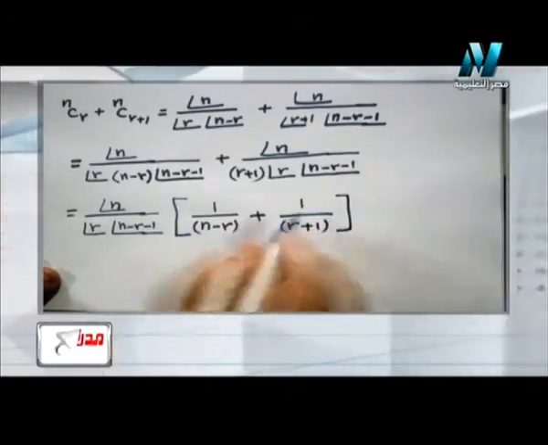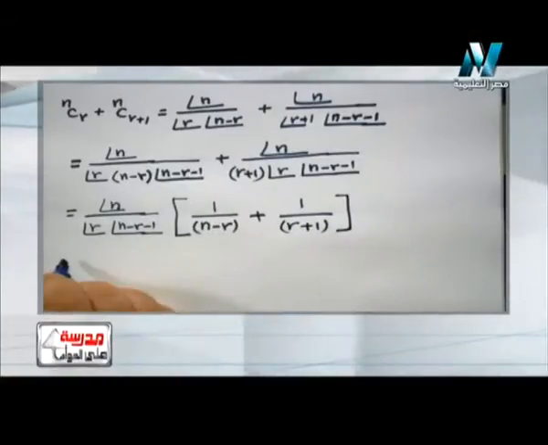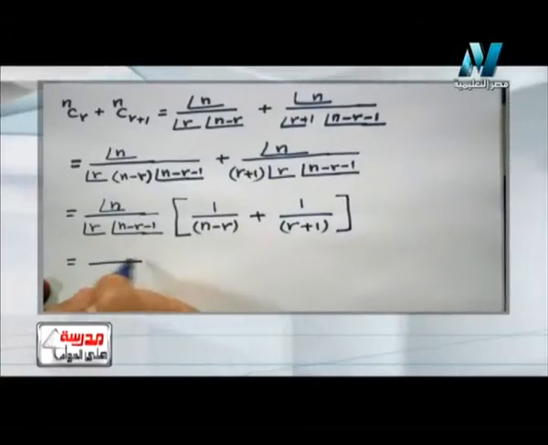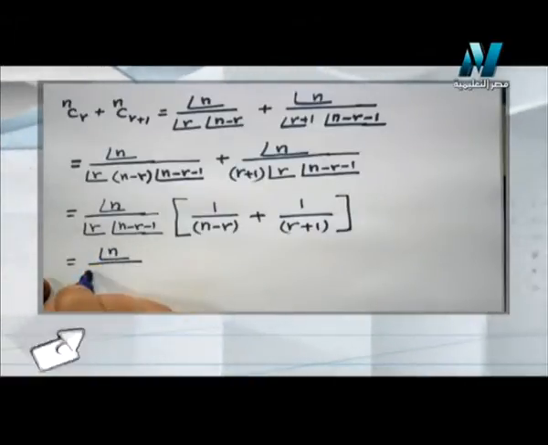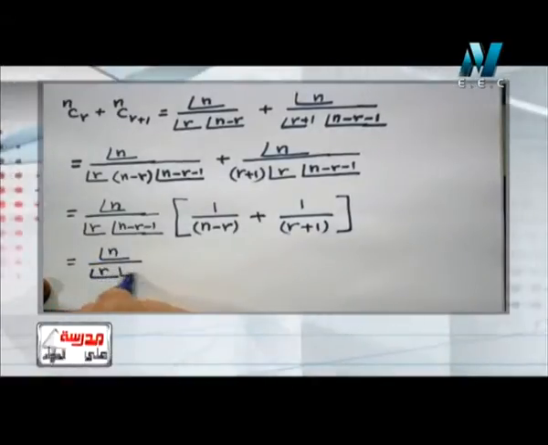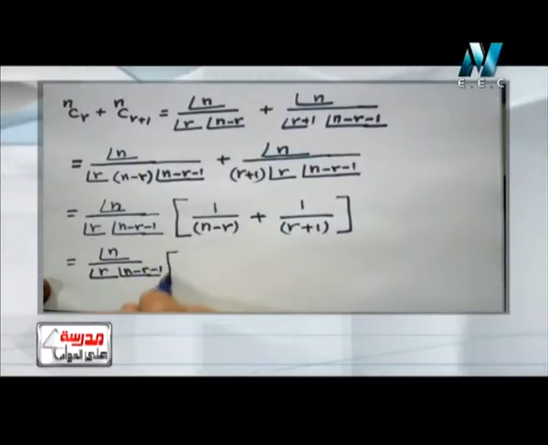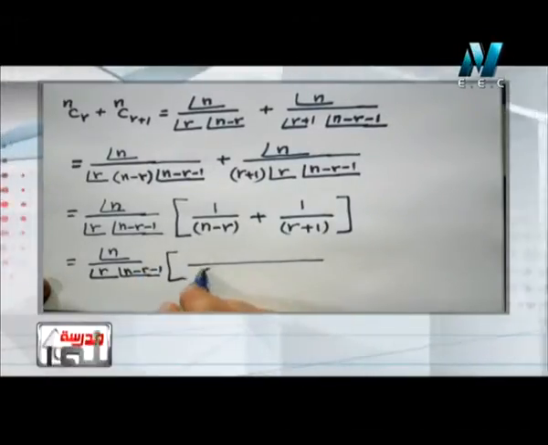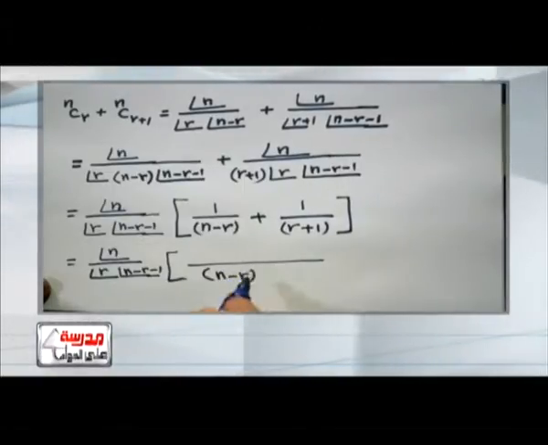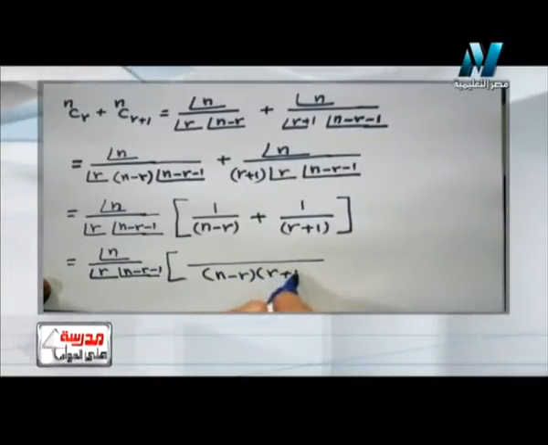Now we have to add the two fractions. The LCM of the two fractions is N minus R multiplied by R plus 1.